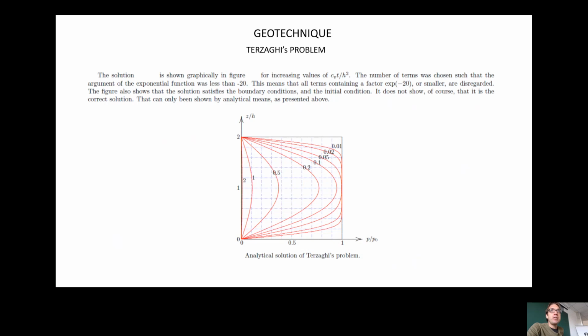And here we have to discuss a little bit more. If we look at the figure, we have that for increasing values of cv t ratio H squared, you can see from 2, 1, 0.5, 0.2, 0.1, 0.03, and so on, we can see what happens for P ratio P0 and Z ratio H.